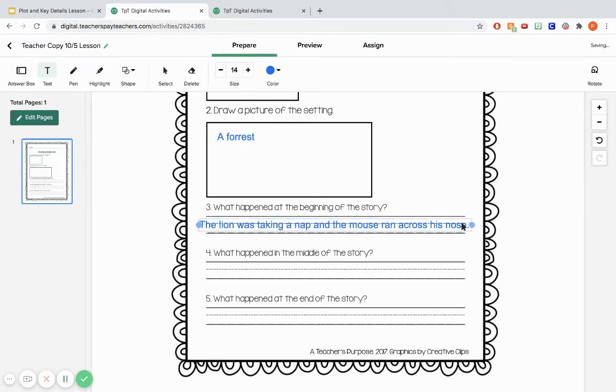So that is the main point of what happened at the beginning of our story. Remember, we talked about beginning, middle, and end being the parts of our plot. Let's go ahead and keep reading.